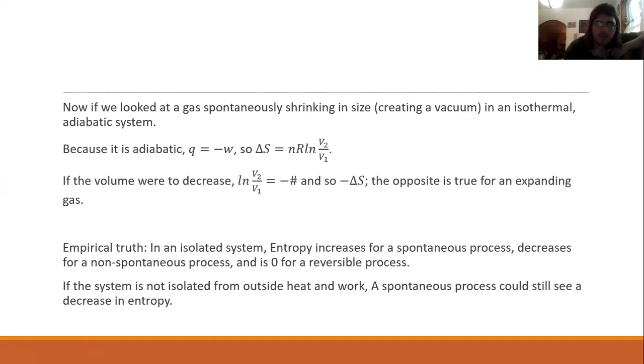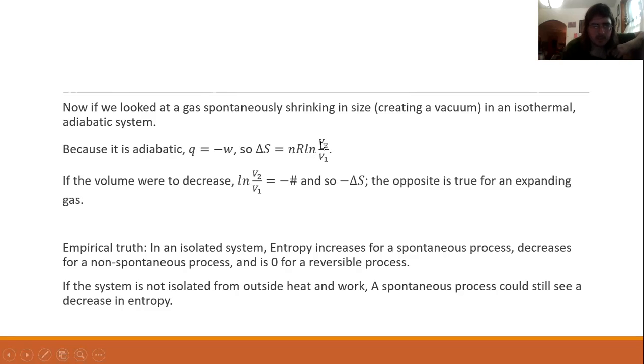Looking back to that vacuum, this process where gas spontaneously shrinks to create a vacuum would be an isothermal adiabatic system. Since this is adiabatic, Q equals negative W. That's an isothermal system, Q equals negative W, so the entropy would be NR, because the T is taken out, ln V2 over V1.